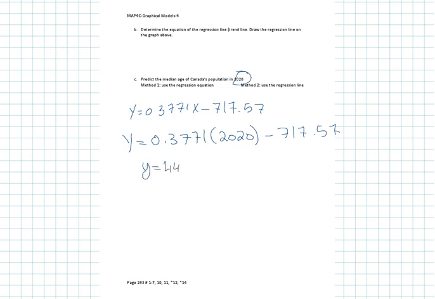Looking at the graph and the blue line, I said just below 45, right? So it is kind of close. But which one's more accurate? The equation of the line, right? Do you all understand what's going on? Alright.